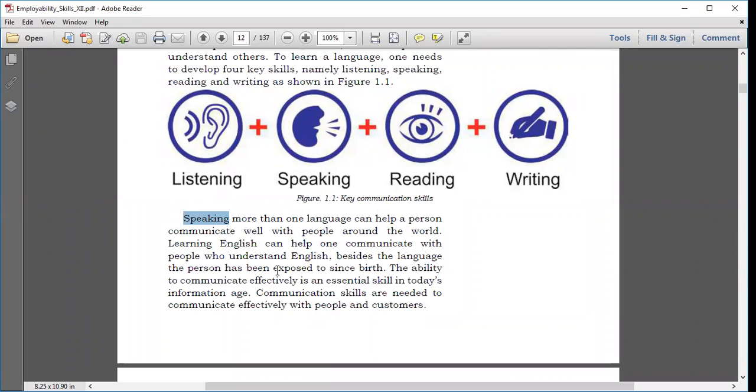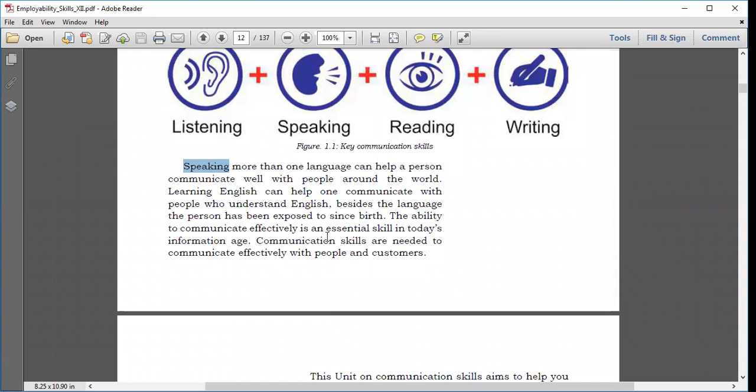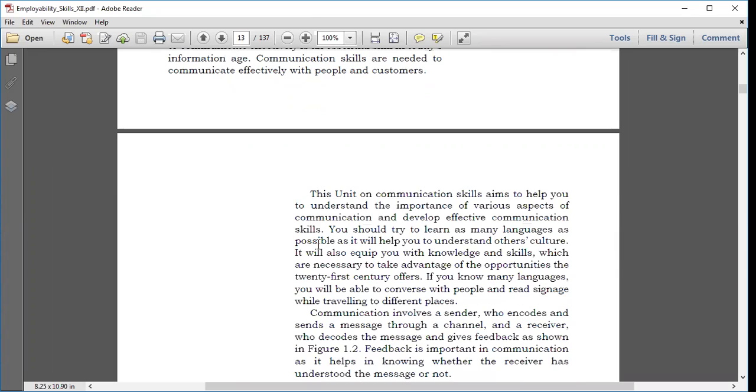So you cannot communicate to the people who are living in that area. So if you know more than one language, then it's easy for you to communicate, right? So language is a very important part of communication, and so this communication skill is very effective, very important when you want to interact with many users around the world.